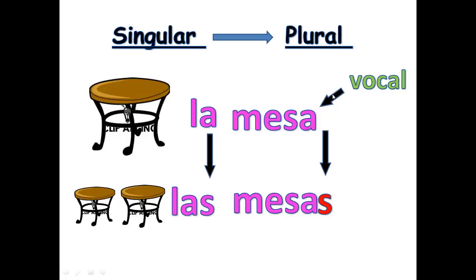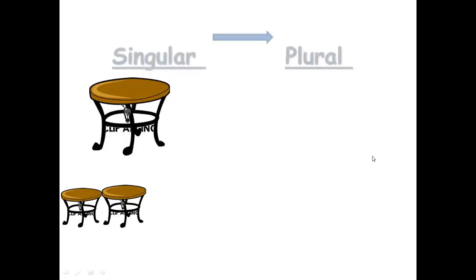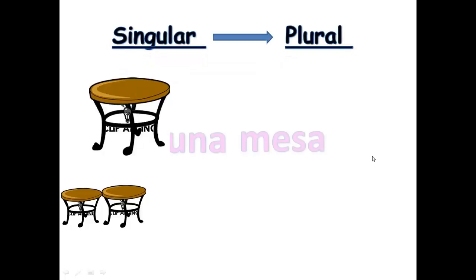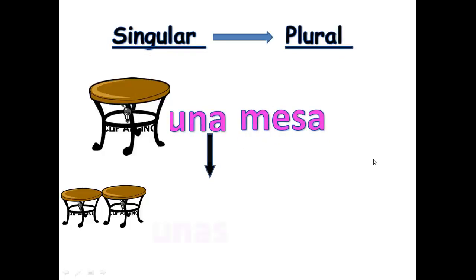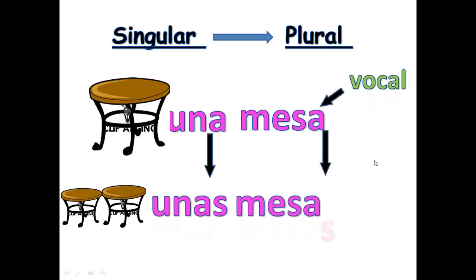So mesa ends in vocal, you add an s to the end of the noun. And then again, we've got femenino, singular, femenino, plural. And let's go to the indefinite article, or artículo indefinido. We've got una mesa becomes unas, and mesa becomes mesas.